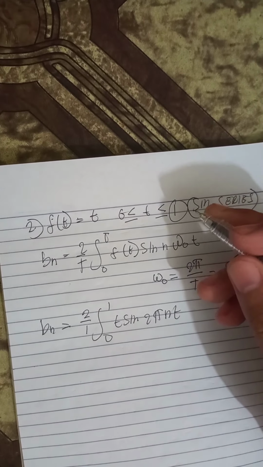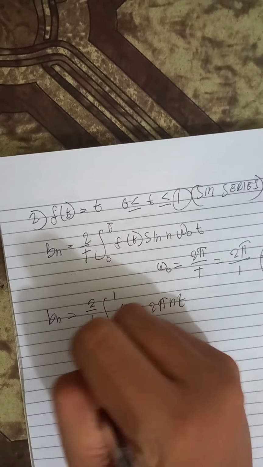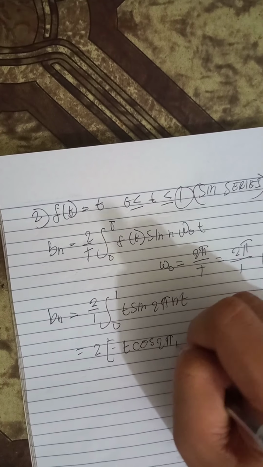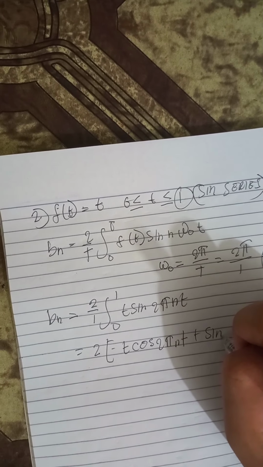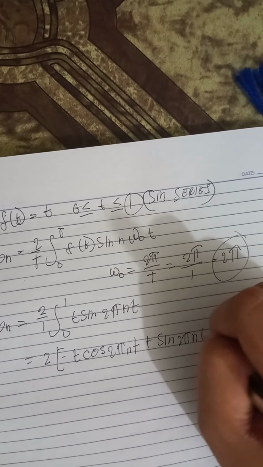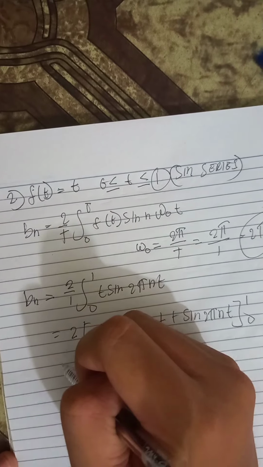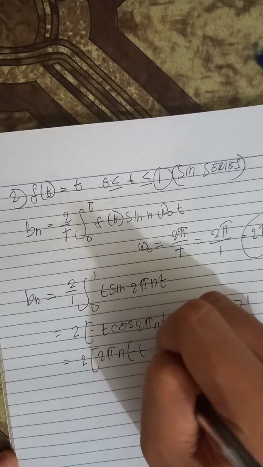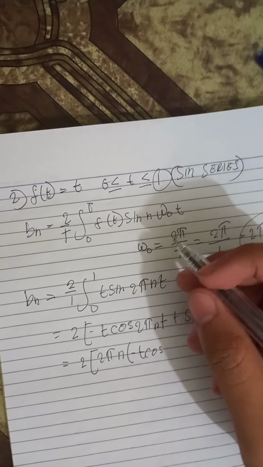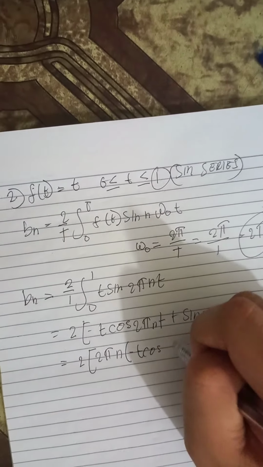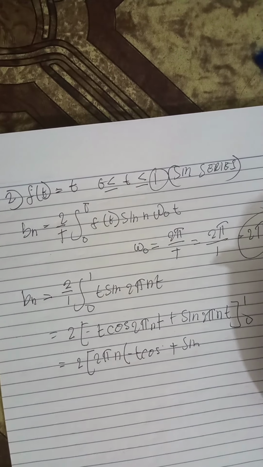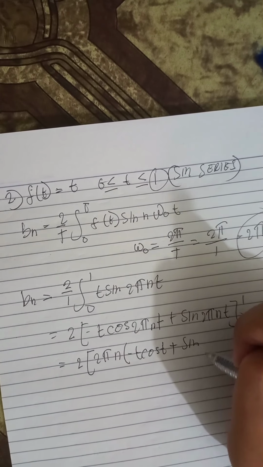So we substitute the value of ω0, which is 2π. Then the next step is to perform the integration of t sin(2πnt). It will become negative t cos(2πnt) plus sin(2πnt) to the limit of 0 to 1. So we distribute the limit, the value of the limit, which is 1 and 0.